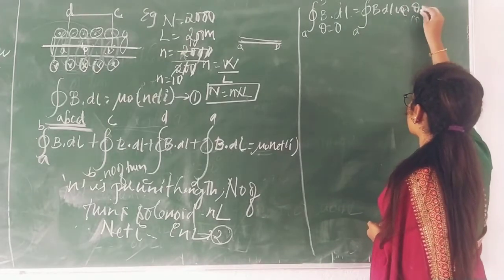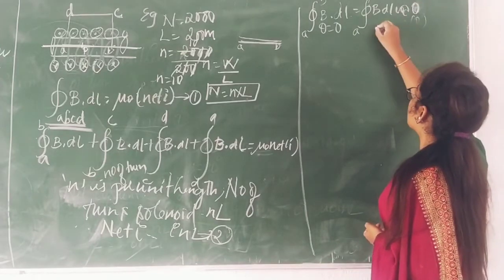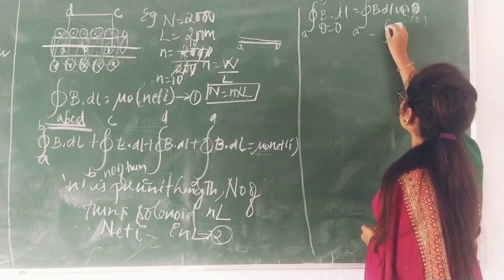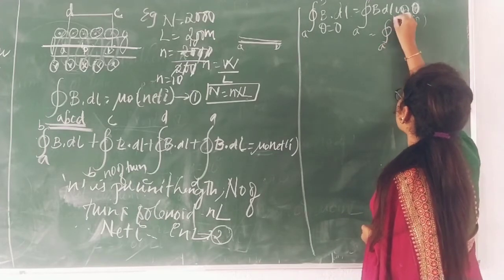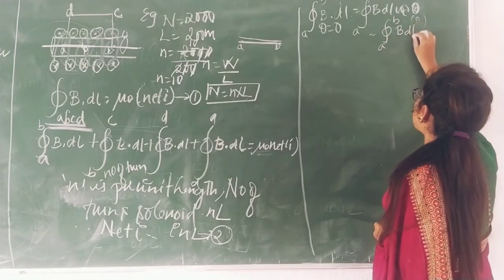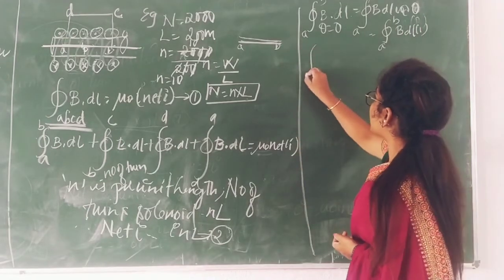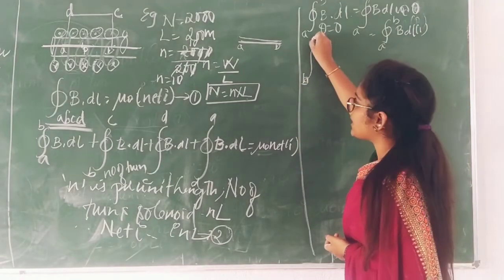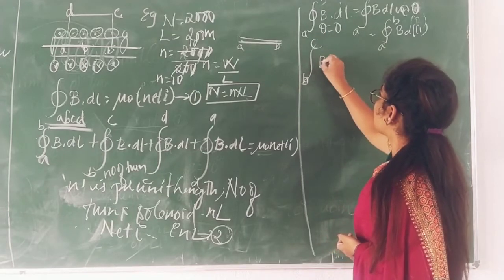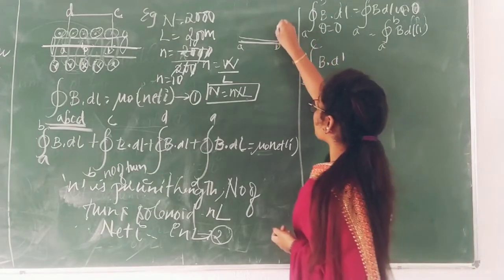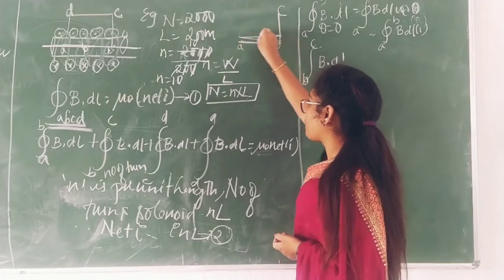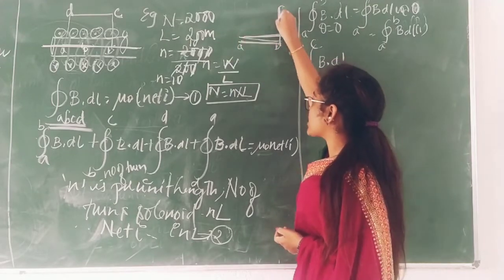So, theta is equal to 0. So, it becomes line integral of AB, B dl into 1. Okay. Next, I will write line integral of B to C, B dl. B to C means like this. My magnetic field is like this, B to C is like this.